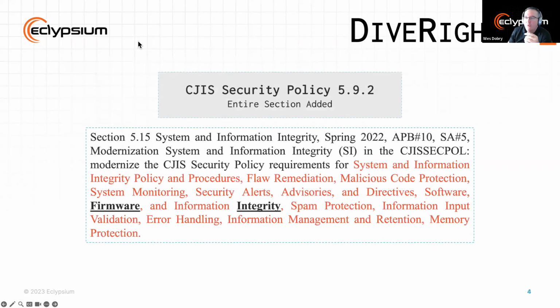So when we start to look at what was actually added, as you read through the actual policy, everything highlighted in red, of course, is stuff that was added in that version. They've added entire sections of controls. One of these sections, section 5.15, is around system and information integrity.